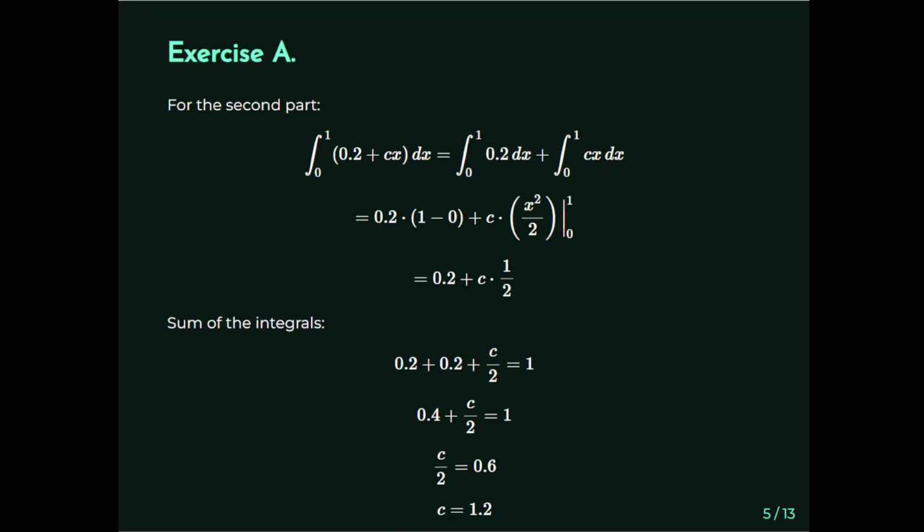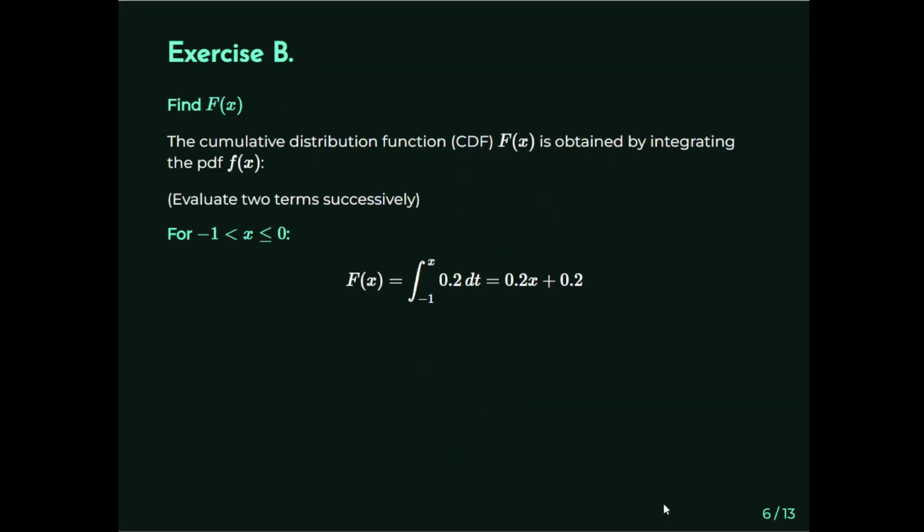So we're going to move on to the cumulative distribution function, and the approach is the same. The cumulative distribution function, CDF, is denoted F of x, and that is obtained by integrating the probability density function. Just as a remark, what we are going to do is evaluate the two terms separately. So the first part is the negative part, where x is between -1 and 0. The probability density function in that part was 0.2, and we're going to evaluate that between -1 and x.